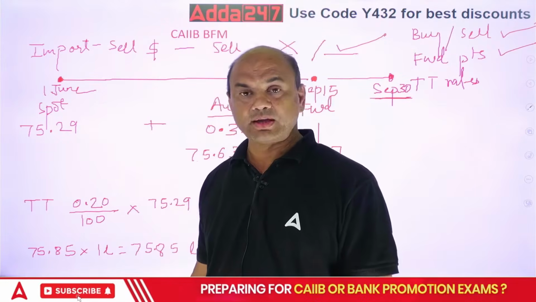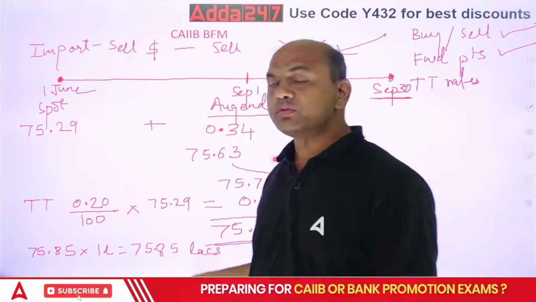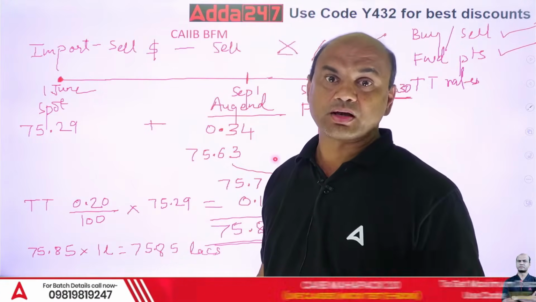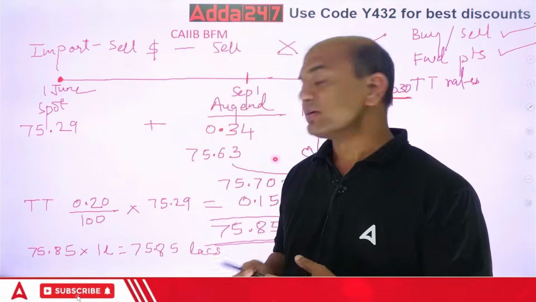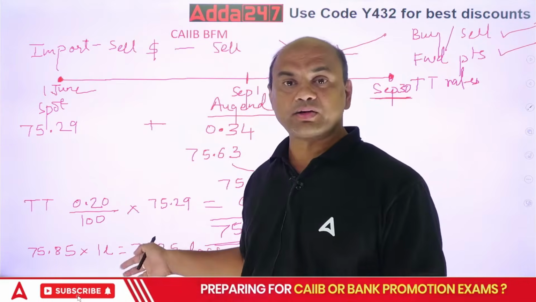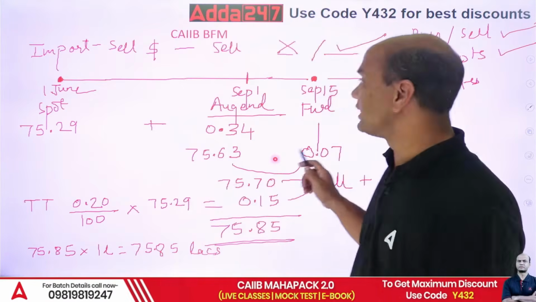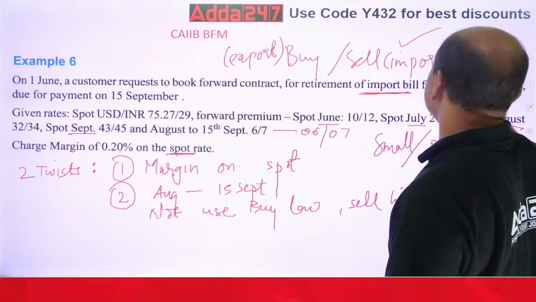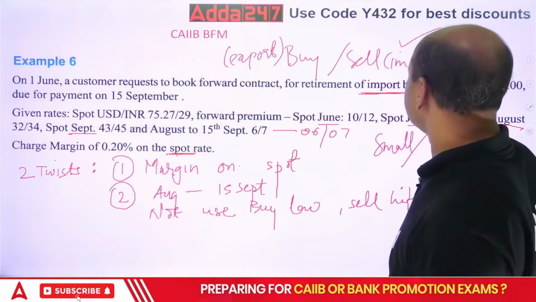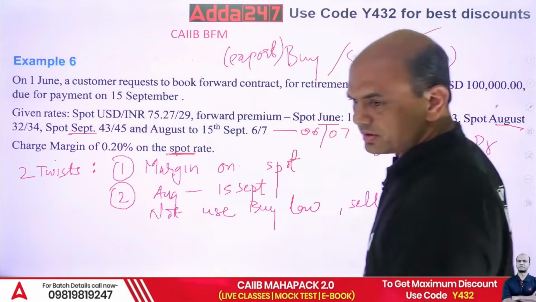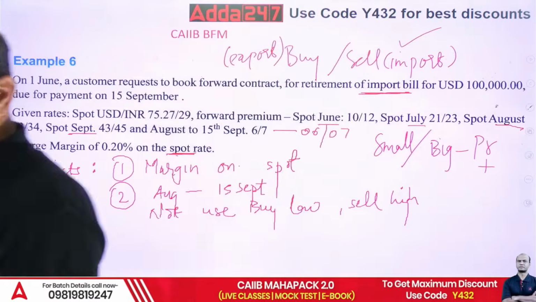Suppose I ask you what the amount is: it is 75.85 into $1 lakh. Why 1 lakh? Because the requirement is USD 1 lakh. Got it, everyone? Clear?